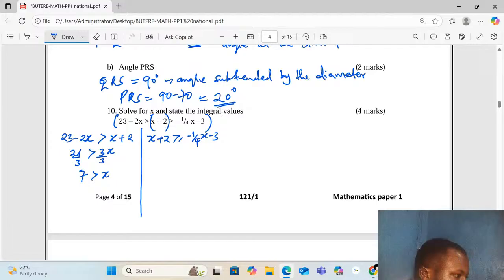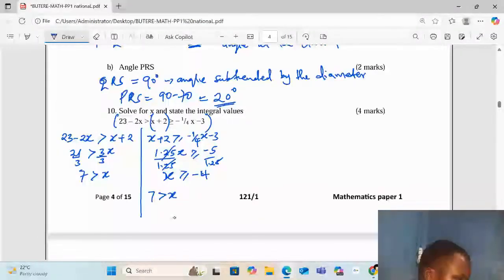We collect like terms, so we shall have now negative 5, and we divide both sides by 1.25. Combining, x is greater than or equal to negative 4.